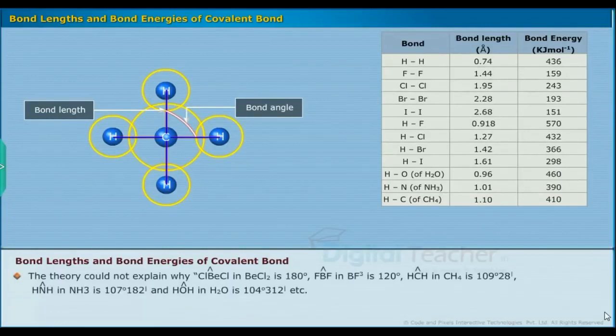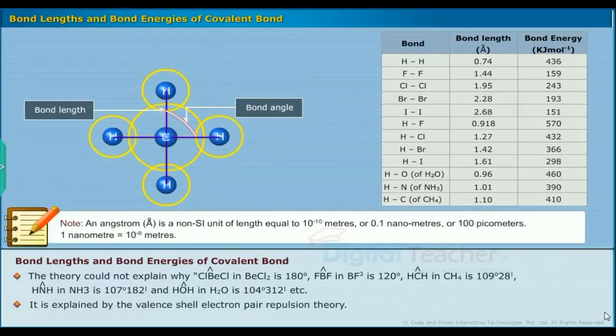The theory could not explain why the angle in beryllium chloride is 180 degrees, in boron trifluoride is 120 degrees, in methane is 109 degrees 28 minutes, in ammonia is 107 degrees 18 minutes, and in water is 104 degrees 31 minutes, etc. It is explained by the valence shell electron pair repulsion theory.